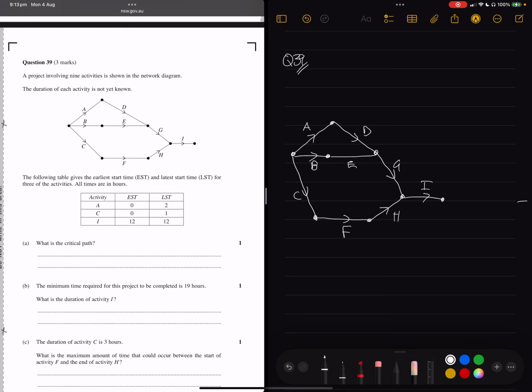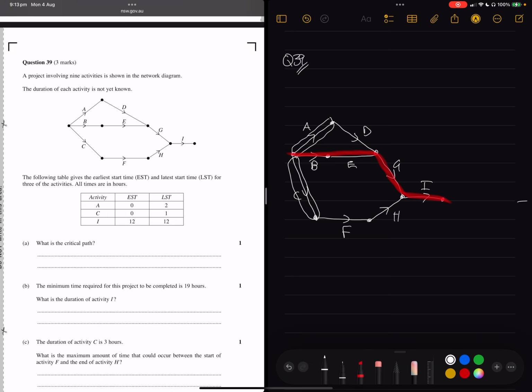So here they've told us about A, and it has a gap between its EST and its LST. They've also told us about C, and it has a gap between its earlier start time and its later start time. Now, if these are the only listed gaps in the table, the shortest path must be the other path.